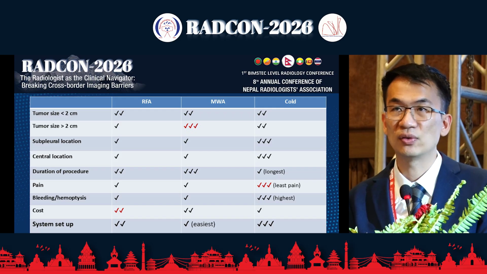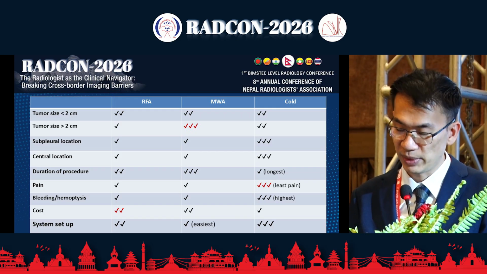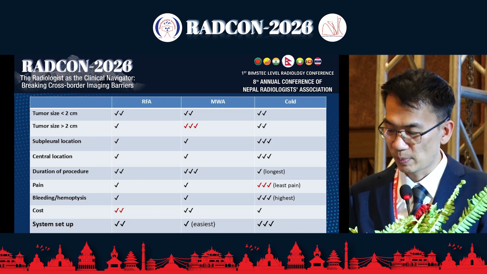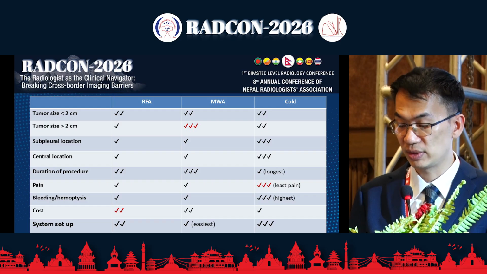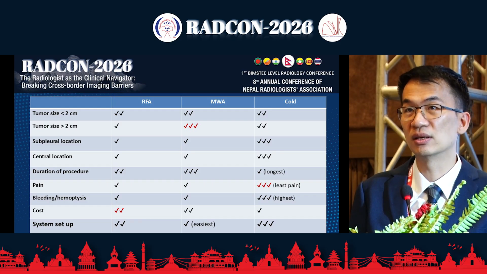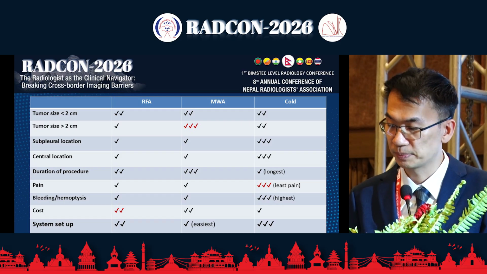So you have to be careful on that, especially for patients with cardiomyopathy. Maybe you need to avoid that. For the cost, cryo is higher, and to set up cryo you need gas and a very good vendor, a very good distributor to cooperate with to set up the cryoablation.